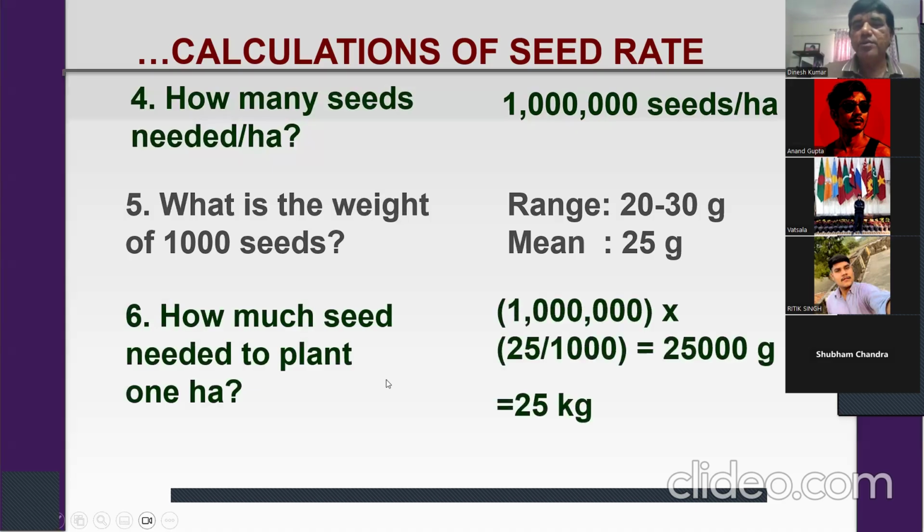We can work it out. 10 lakhs was the requirement of seed, into 25 gram divided by 1,000. It will come out to be 0.025, and multiplied by 10 lakh, you get 25,000 gram. Remember, the unit is in gram. Now we need to convert it into kilogram by dividing by 1,000.